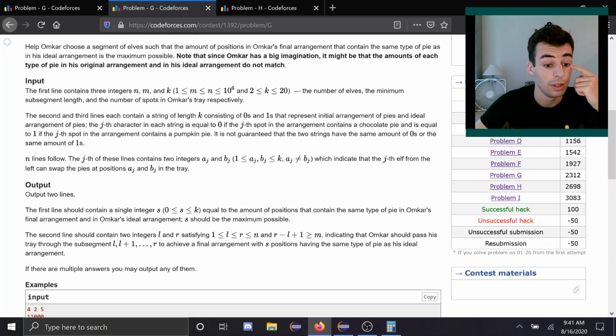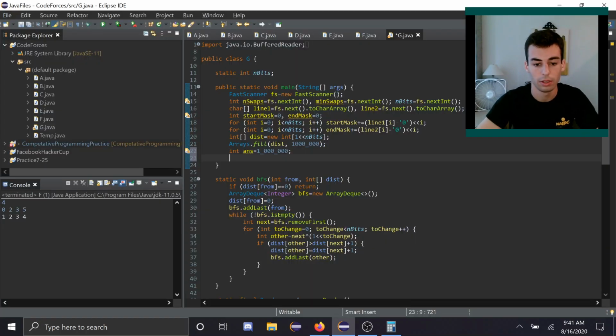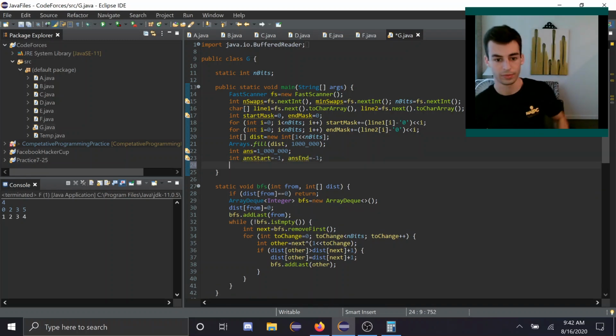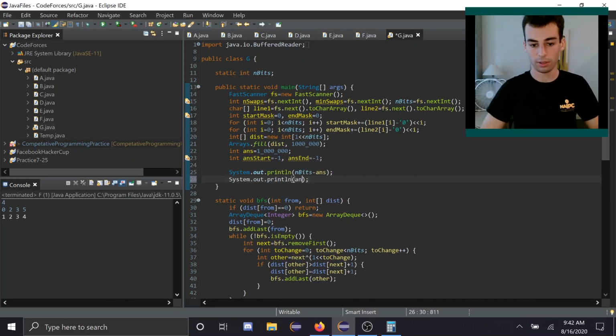What do you want to print? The most it can be? Oh, also the range, okay. Ans range equals -1, -1, or ans start equals -1. Ans end is -1. Sys out n bits minus ans. Sys out start plus.